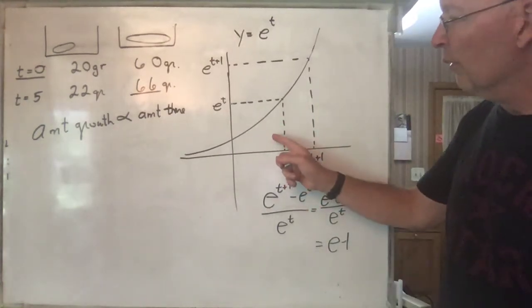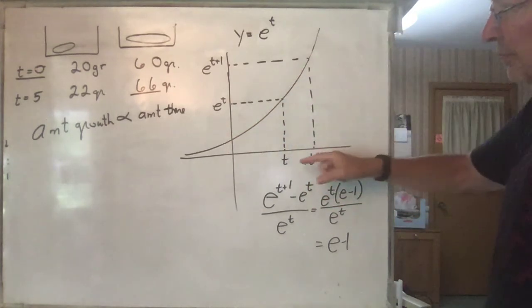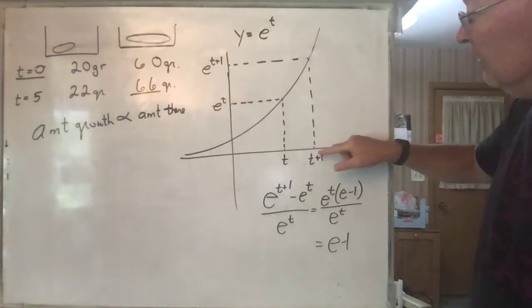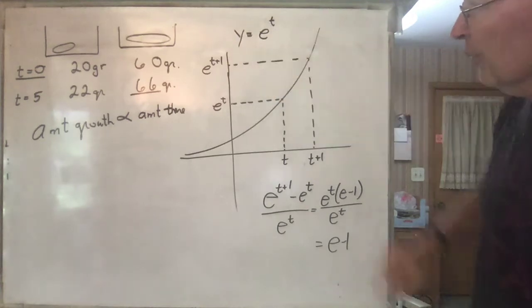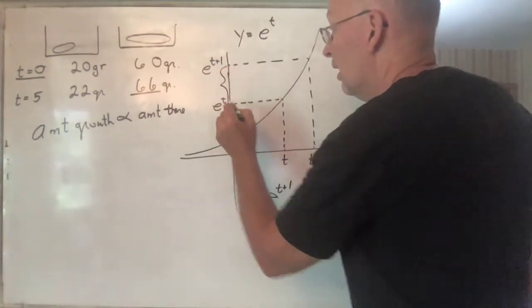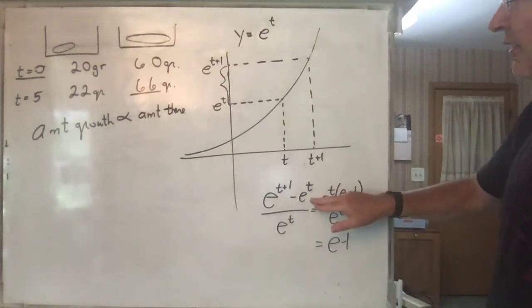This is a review of what we did last time. Recall, here's e to the t. Here's t, and so here's e to the t. You go 1 unit away, t plus 1, and there's e to the t plus 1. So this difference right here is e to the t plus 1 minus e to the t.